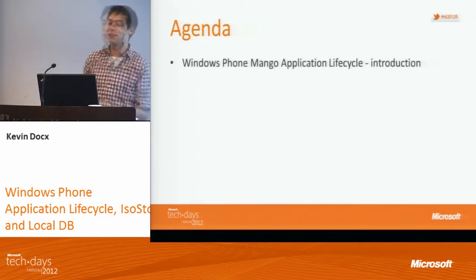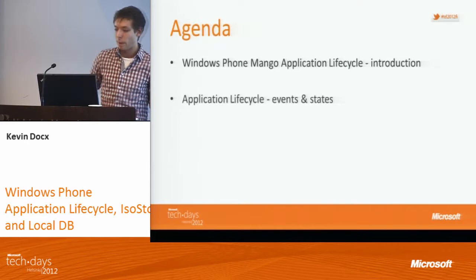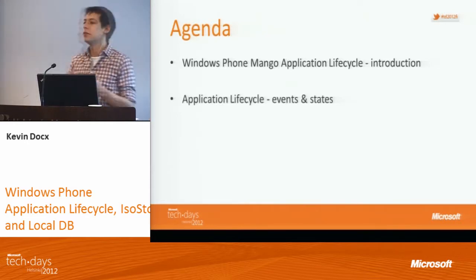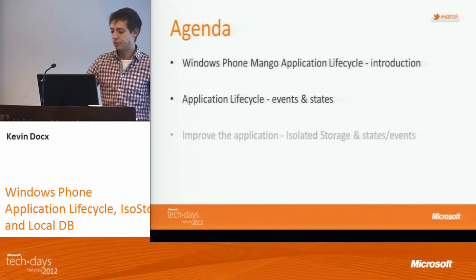So what are we going to talk about today? I'm going to start with an introduction on what the Windows Phone Mango application lifecycle is, and what we use it for, and why it's so important to get this right. And we're going to look into the different events and states that you get when you work with the application lifecycle.